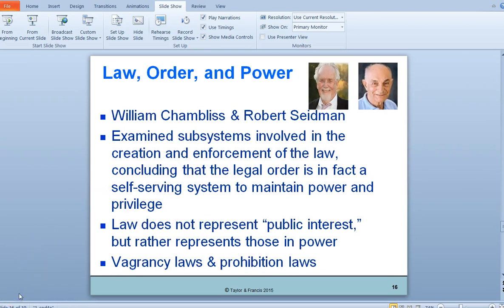William Chambliss and Robert Seidman worked together to publish Law, Order, and Power in 1971, and they analyzed Marxism a little bit more in depth.